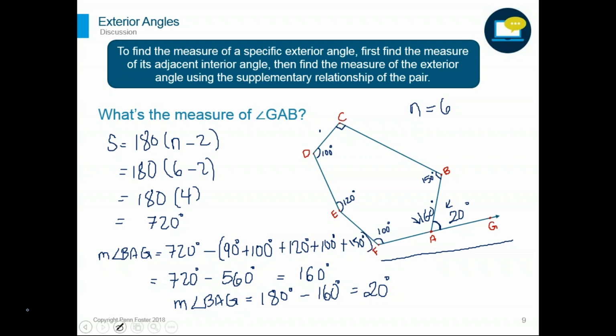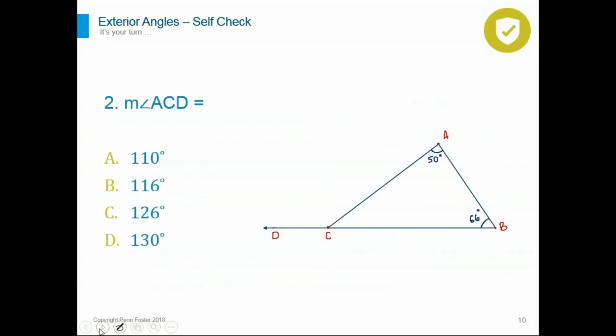Okay, coming up is a self-check on the same concept, exterior angles. This time we have a polygon, but it's a triangle. So what is the measure of the angle ACD? So what we're trying to look for is the exterior angle measure.